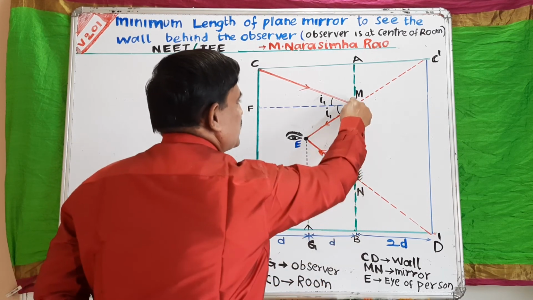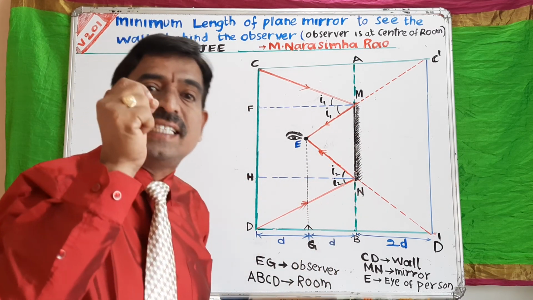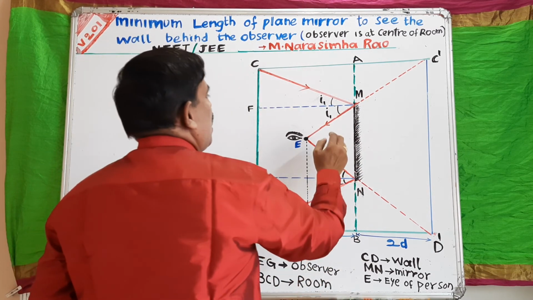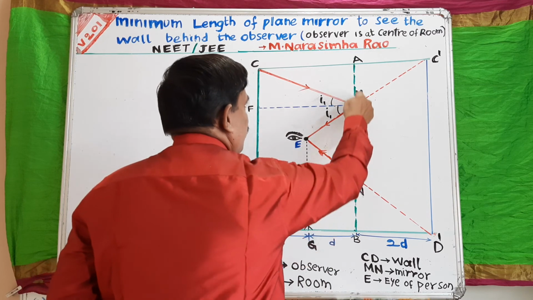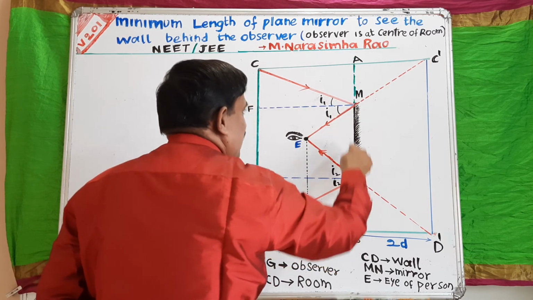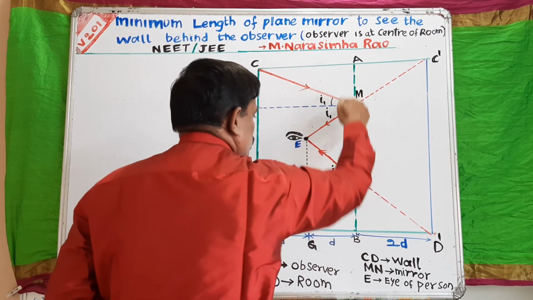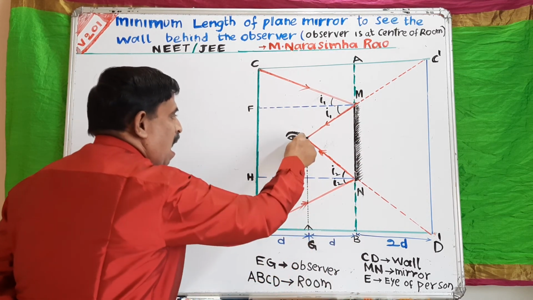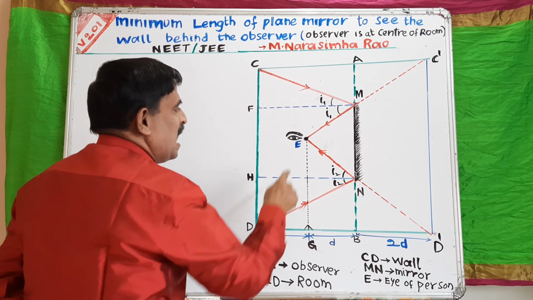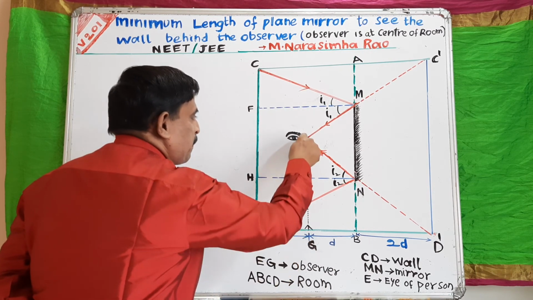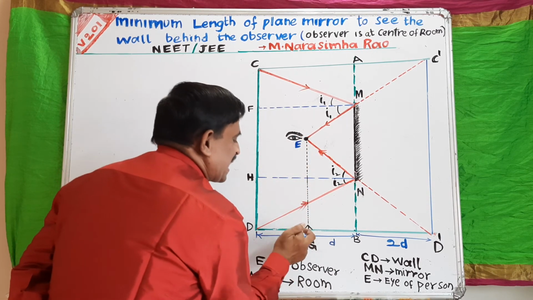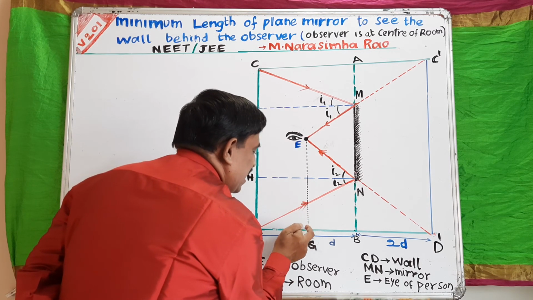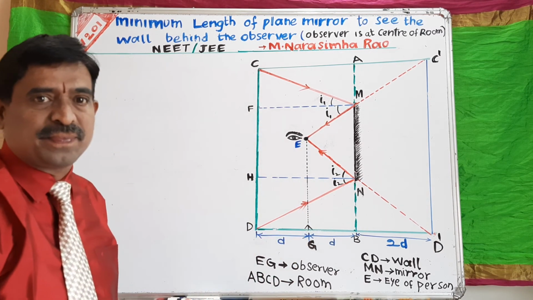MN represents the plane mirror which is fixed to the wall AB. EG represents the observer. This observer is present exactly at the midpoint of the room, the middle of the room.